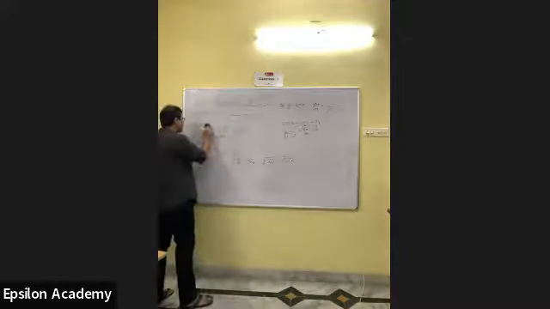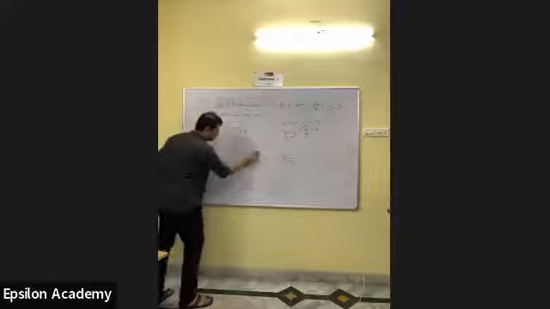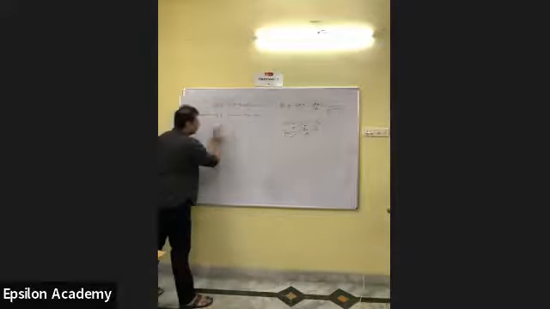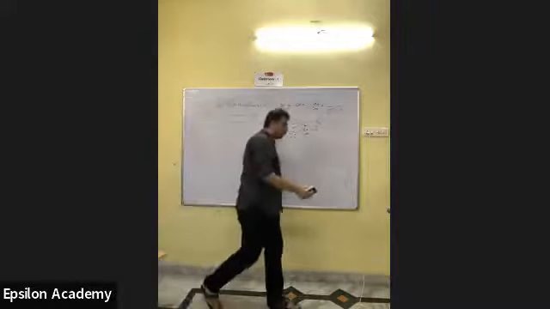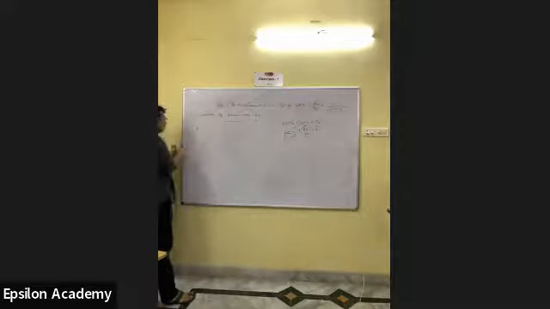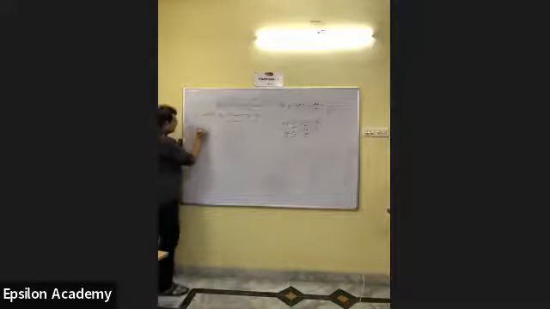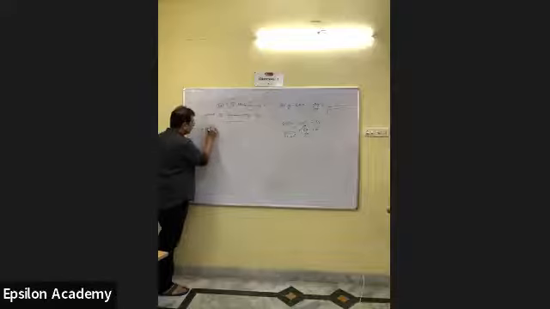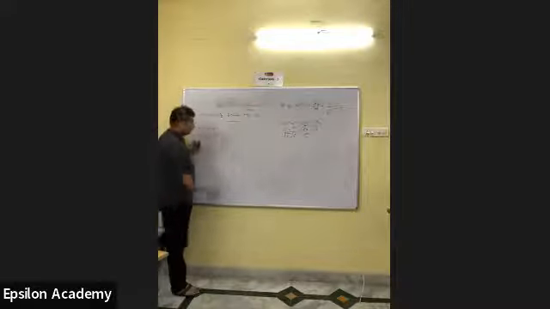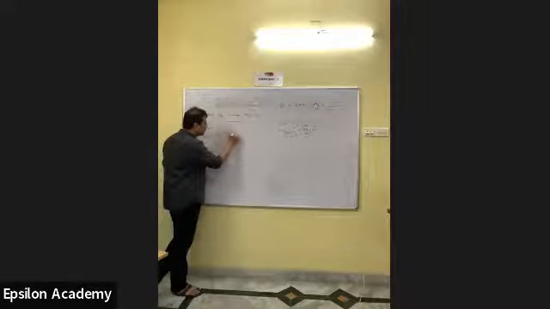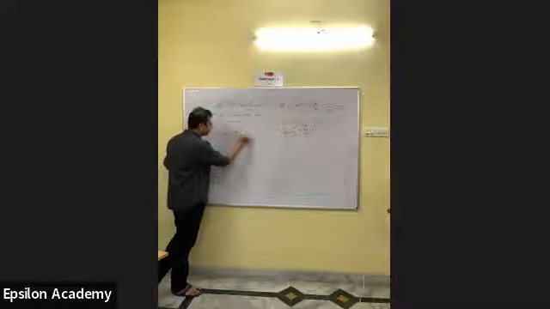Okay, shall we go with tan inverse? You want to do the derivation, don't memorize the formula. So y is equal to tan inverse x. So tan y is equal to x, which implies secant square y into dy by dx is equal to 1.